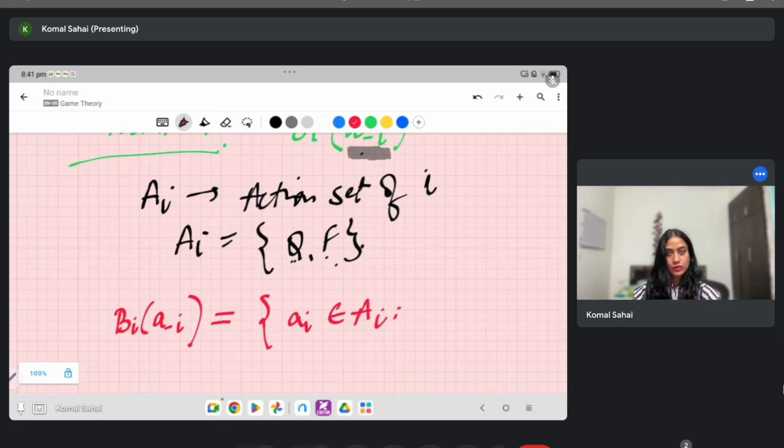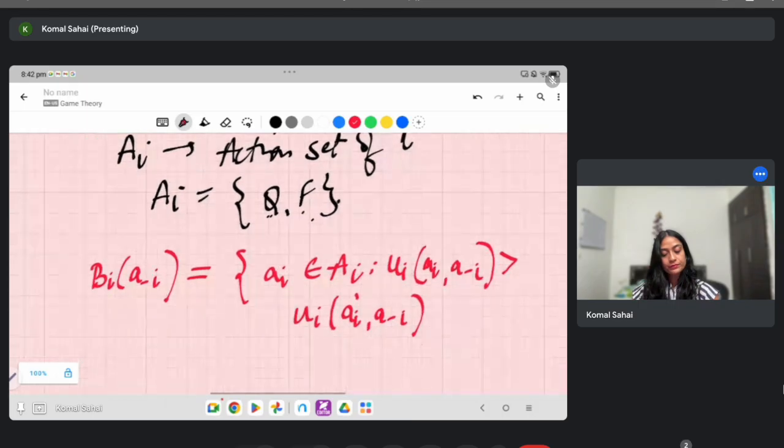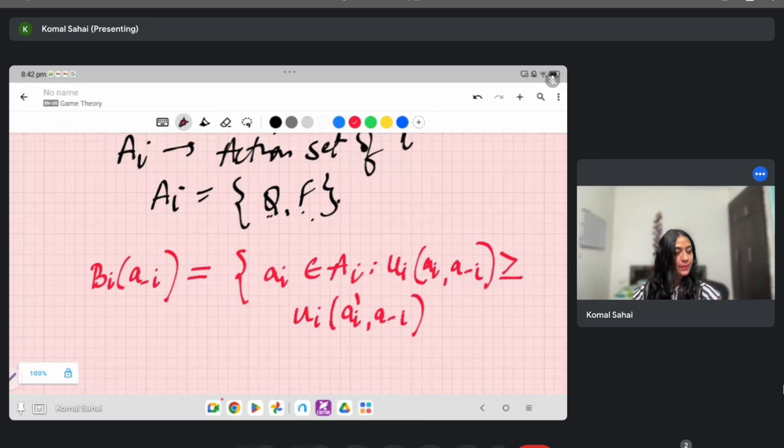Such that the utility that player I derives from AI, given that the other players are choosing A minus I, is greater than the utility that player I derives from AI prime, given that the other player is choosing A minus I, greater than equal to, ठीक है?